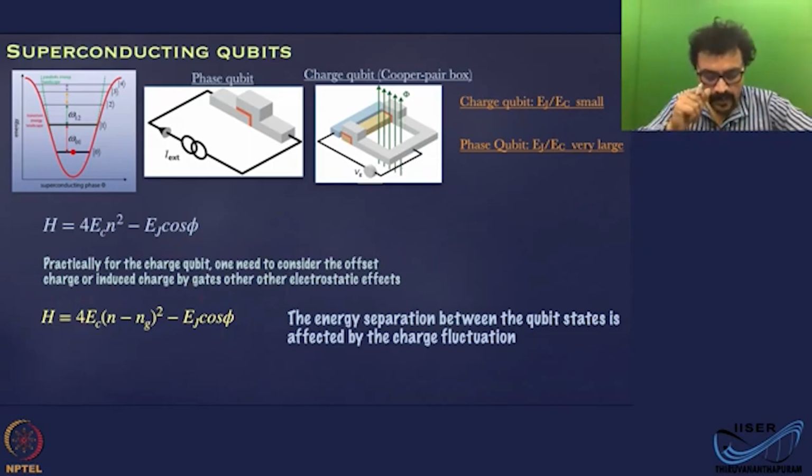Now, what that means is, since there's a square term here, the energy state is very, very sensitive to this offset charge. A small electrical disturbance or charge fluctuation in the vicinity will act as a source of decoherence.